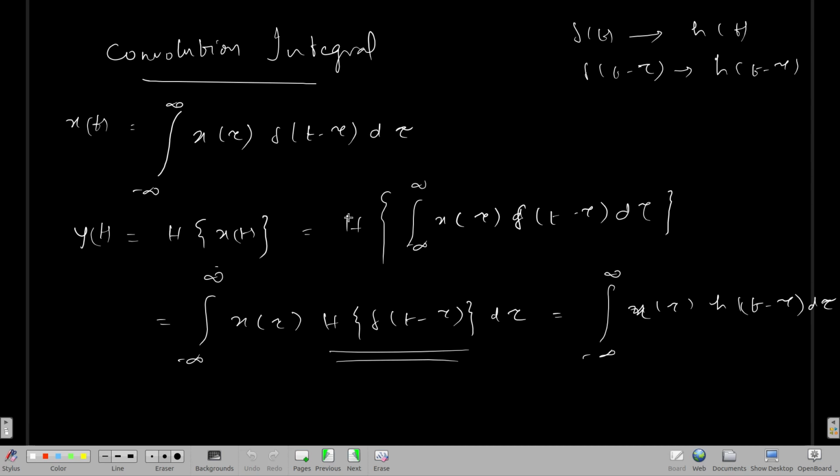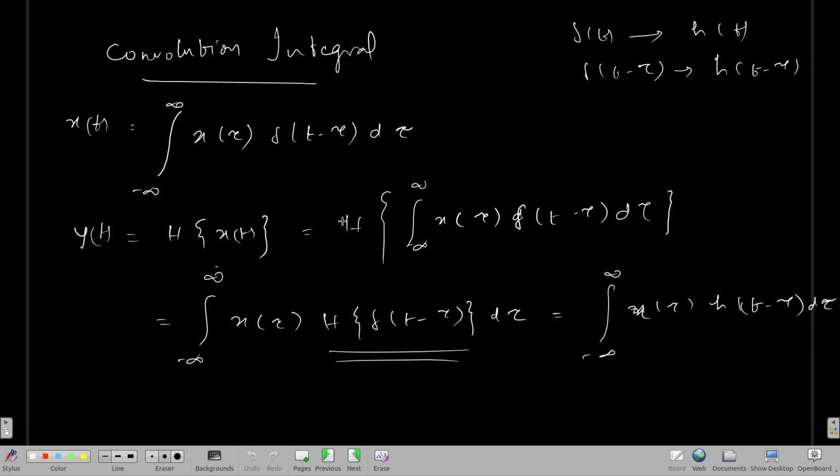of the operations. And why are we not taking h of x of tau here? Because h works on functions with the t variable only. Here only delta has a t variable, x doesn't have a t variable, it only has a variable tau.